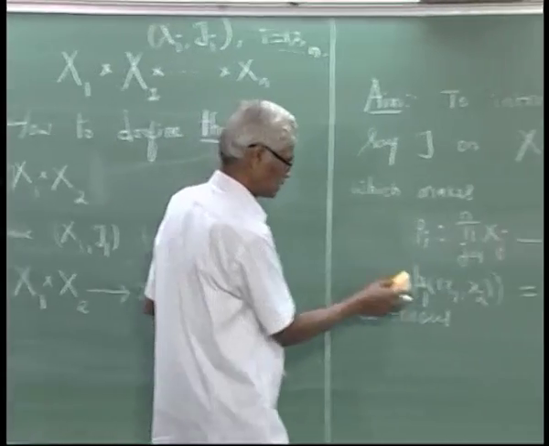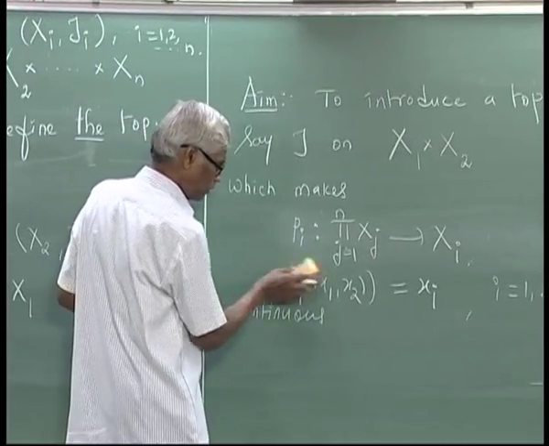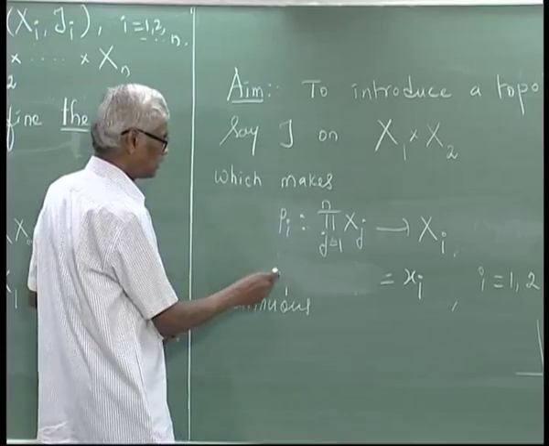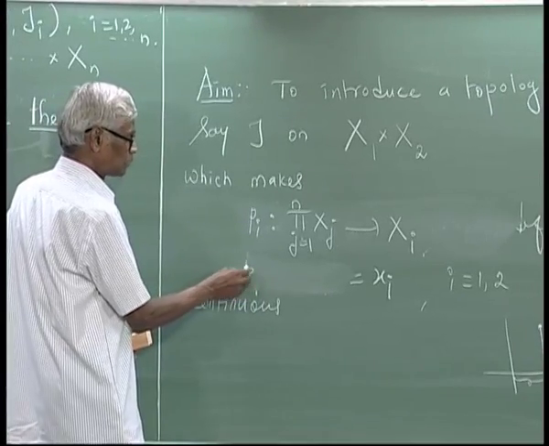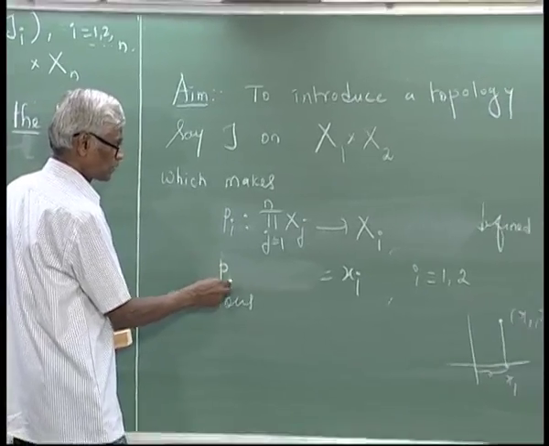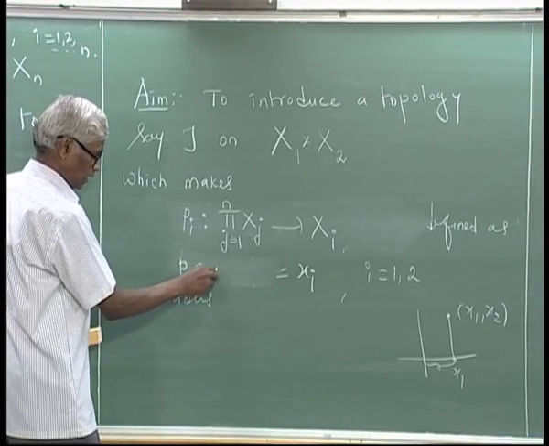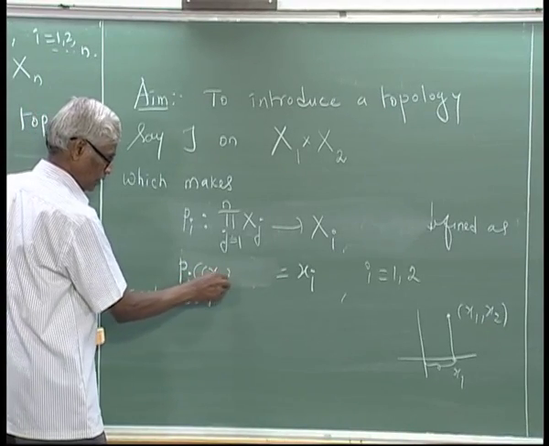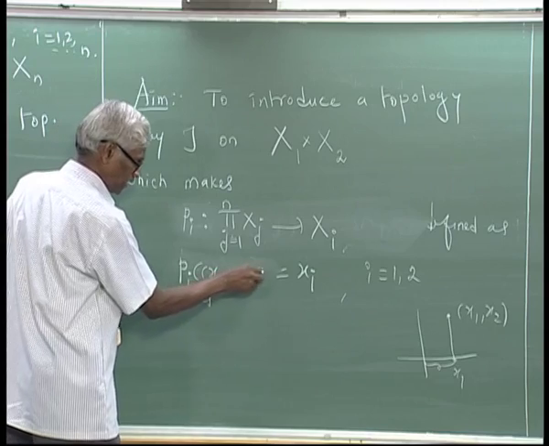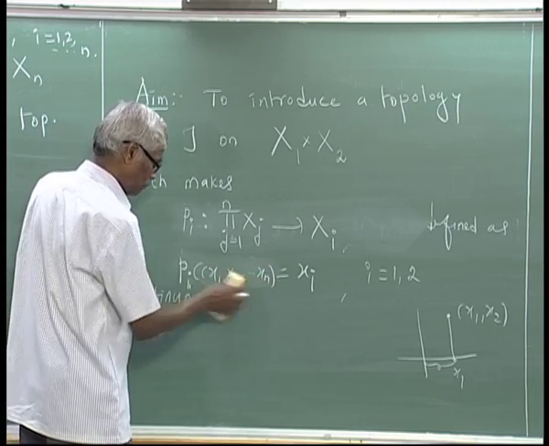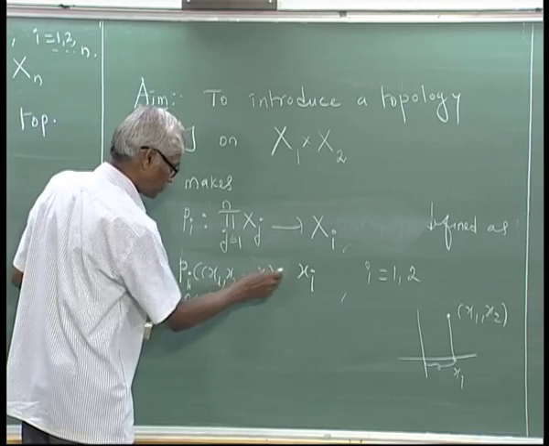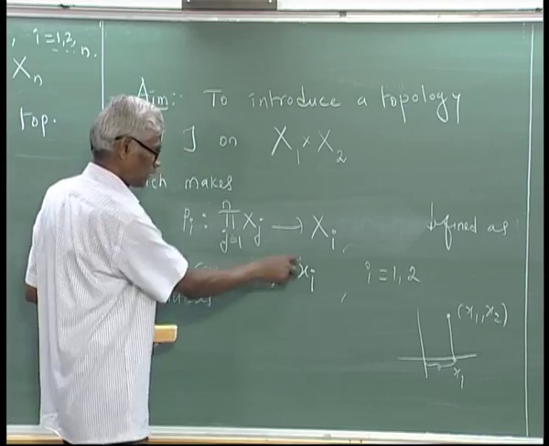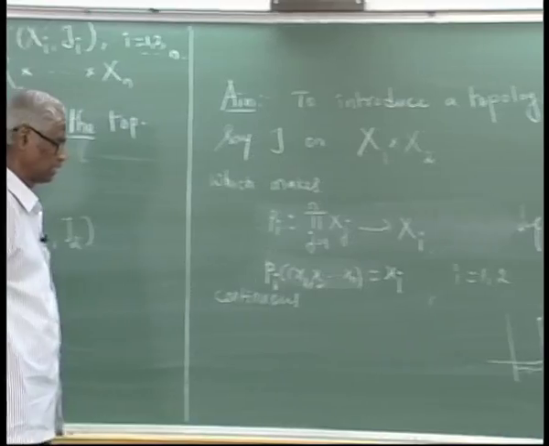This is defined as Pi of the element (x1, x2, ..., xn), whose image is the ith coordinate xi, which belongs to capital Xi.